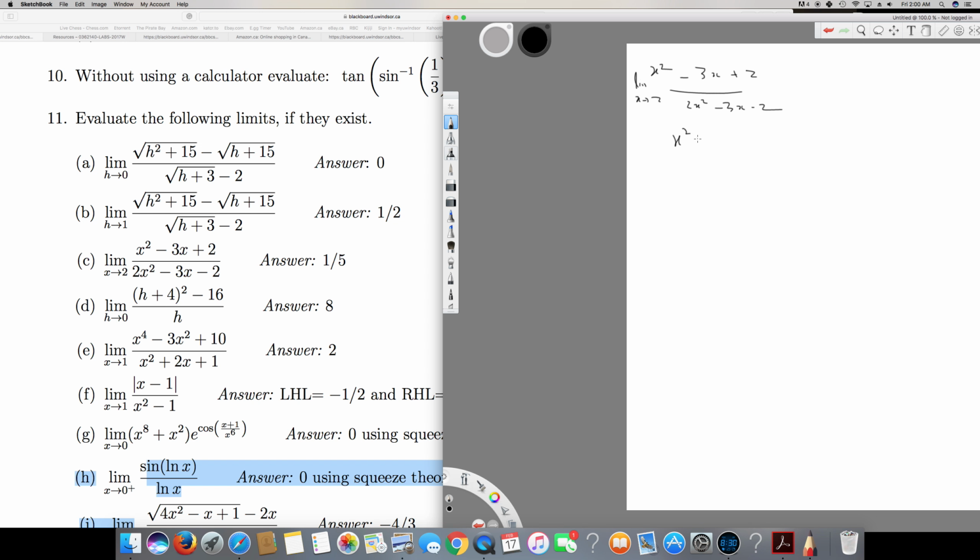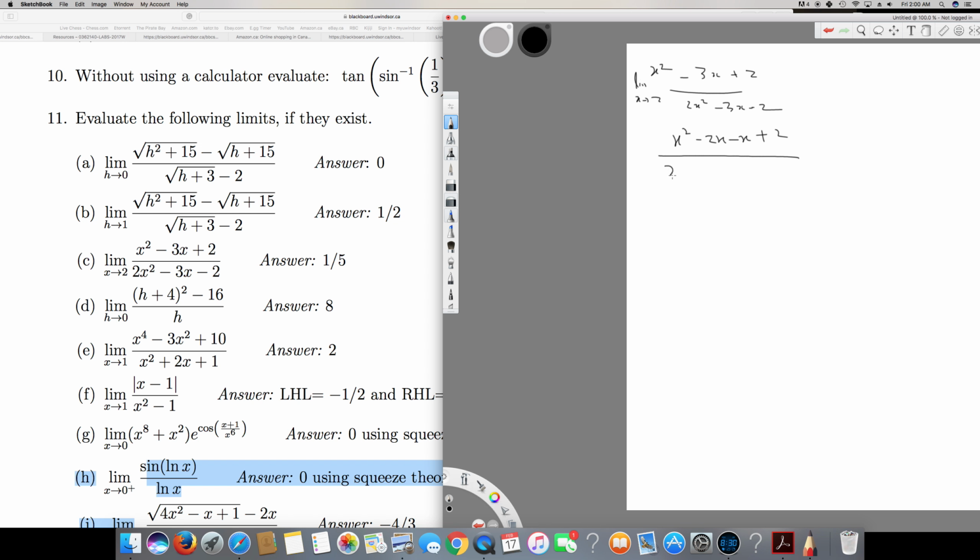So it's going to be x square minus 2x minus x plus 2. In the bottom, if I factor this one, 2 times negative 2 is going to be negative 4. So in order to get that I can simply multiply by negative 4 plus 1.